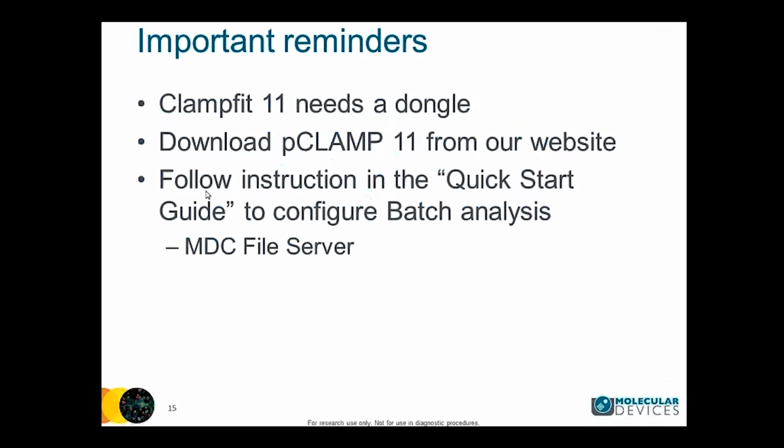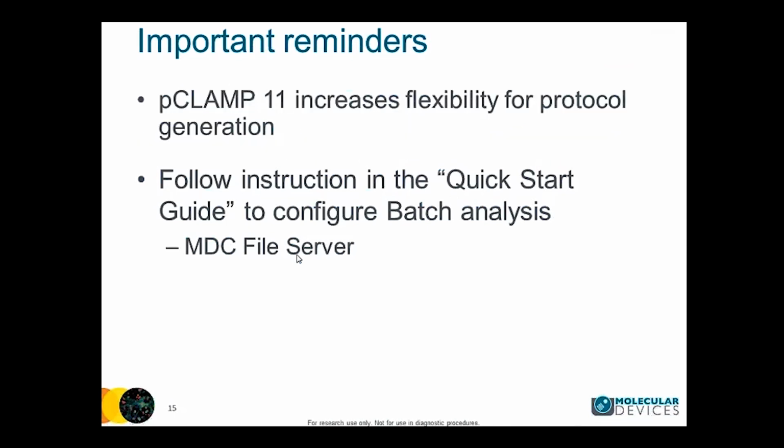And very important is that you have to follow the instructions in the Quick Start Guide to configure the batch analysis and set up the MDC file server. That is very important. If you have not set it up correctly, the batch data analysis cannot be installed, okay?